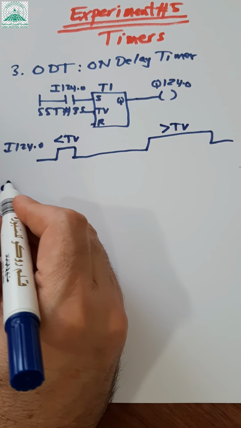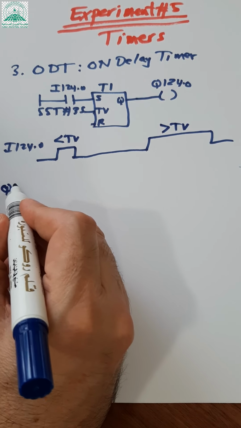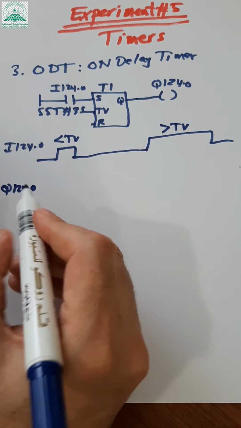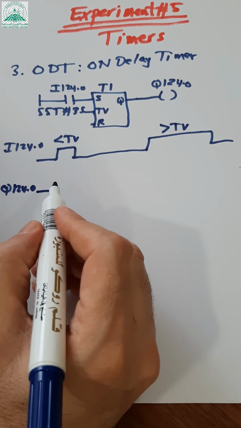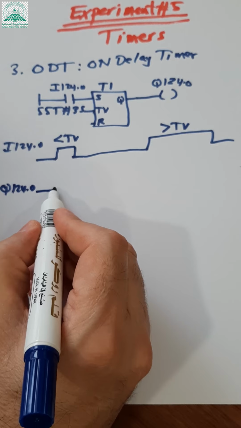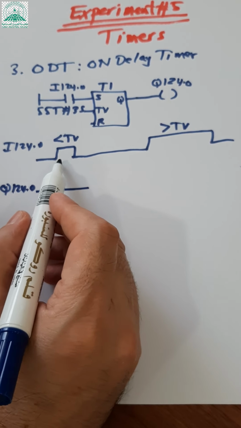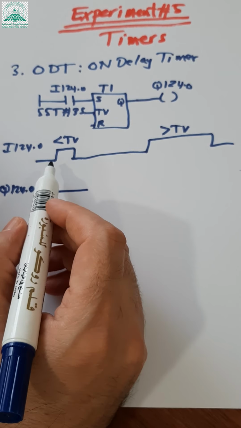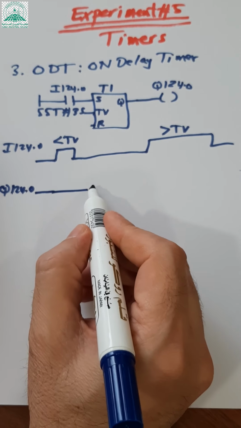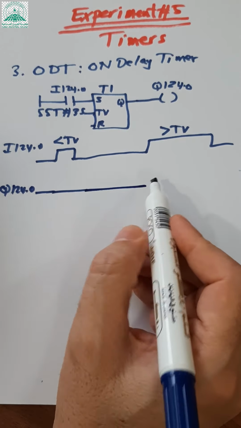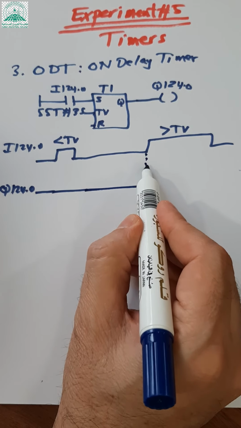So the output of the timer, Q124.0, will not work here because this pulse is very short and will not enable the timer. But for the second one, the timer starts here.